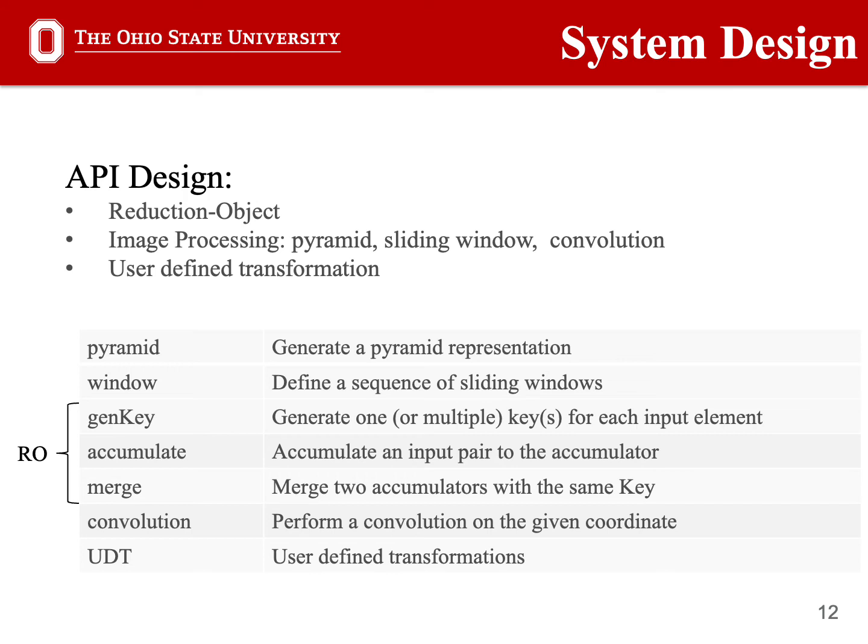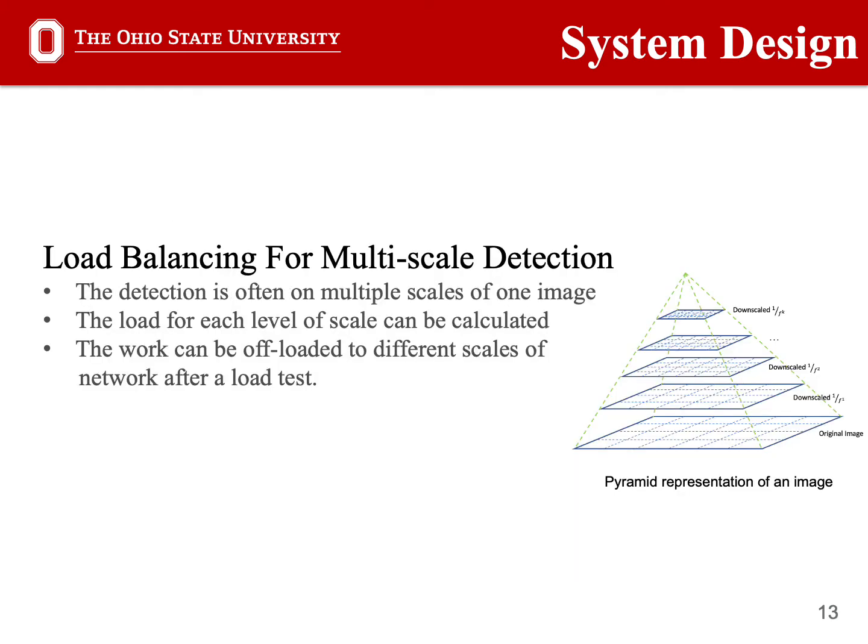We also provide an abstraction for 2D convolutions, such as the one we discussed in Haar feature extraction. Additionally, user-defined transformations are also provided for better compatibility. When we use the pyramid operator, the same calculation is carried out on different scales of one image.